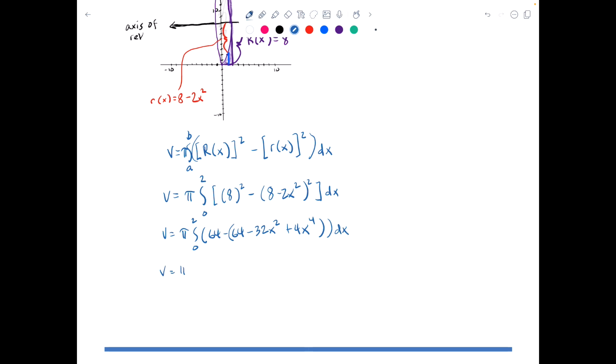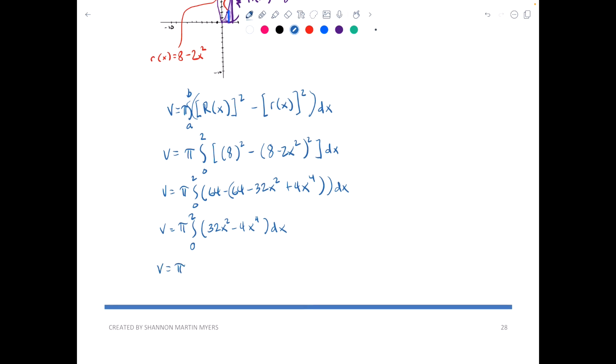And simplifying, 64 minus 64 zeros out. We'll have a positive 32x squared minus 4x to the 4th dx.